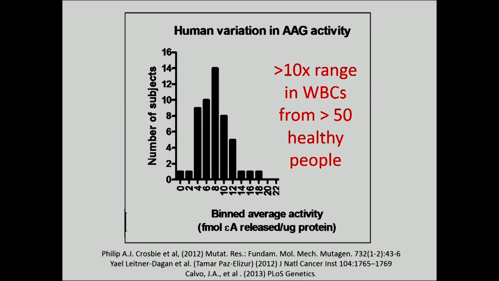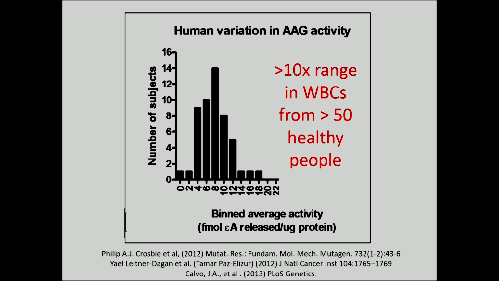So one thing I want to point out to put this in context is that if we take blood samples from healthy people in the population and in the white blood cells measure the level of Aag-glycosylase activity, you can see that the level of that activity spans quite a broad range.